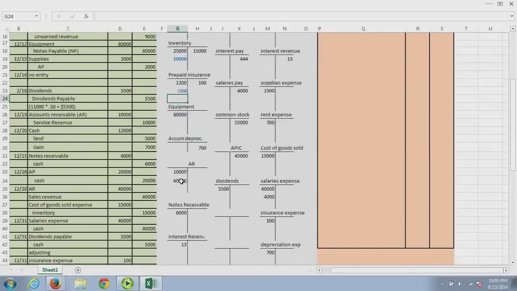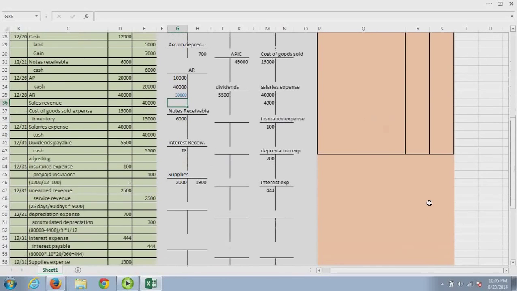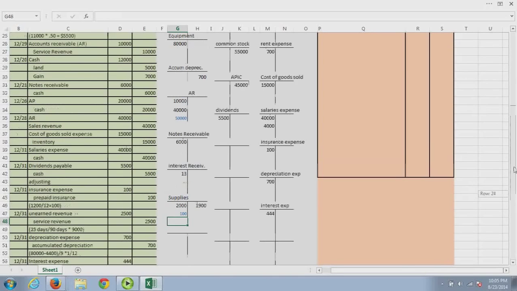And then this one looks like it. We can do the auto sum for that. Okay, and then those are just one number. And then we have supplies, debit minus the credit, $100 left.